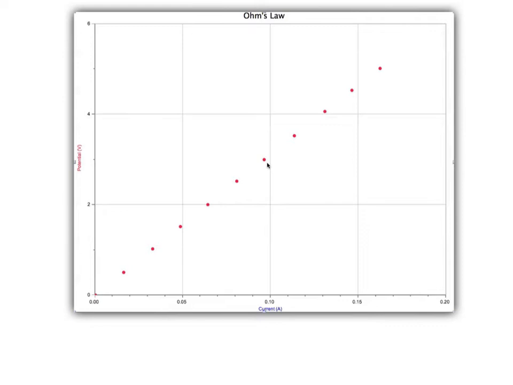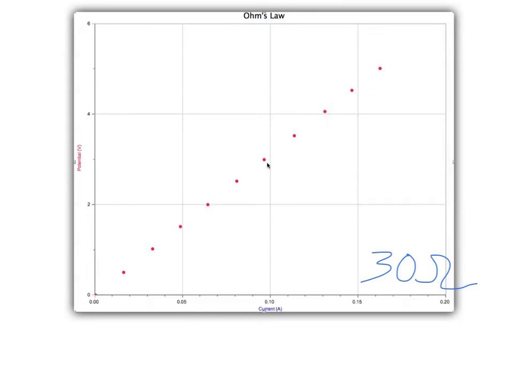So here's one such graph that you would get. Notice I did various potentials or pressure differences or voltages and measured the flow rate or the current that resulted. I used a 30 ohm resistor for this graph, and I can see that as the pressure difference goes up, the flow rate goes up.